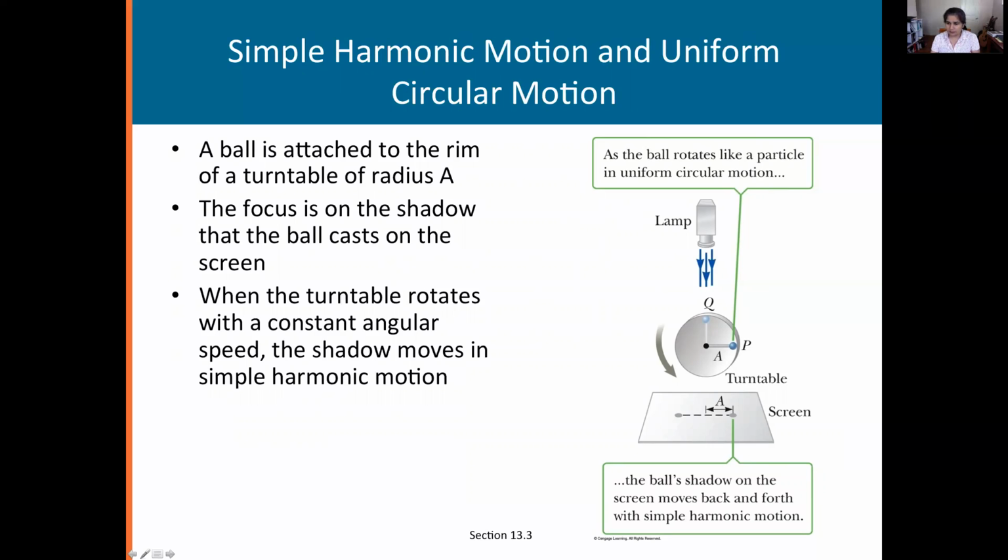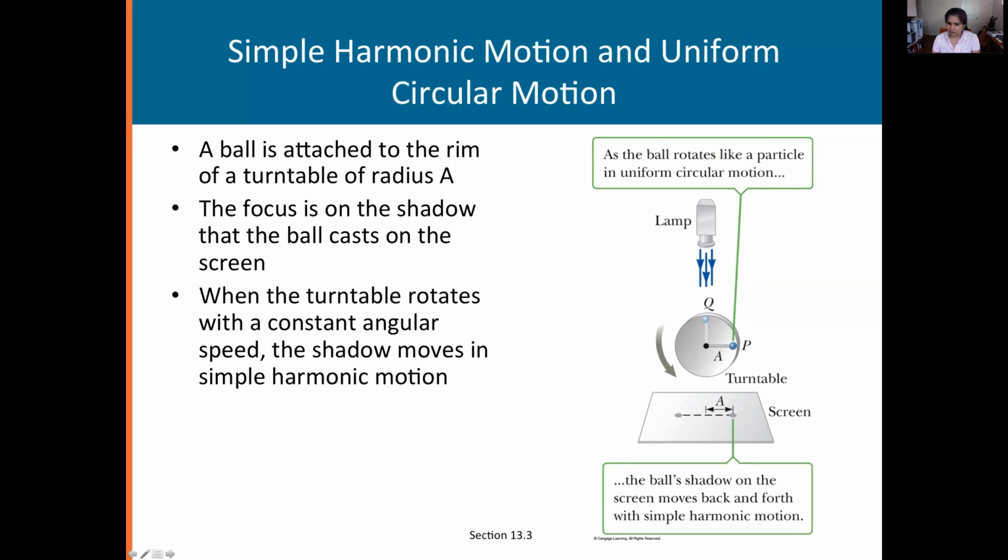So if the dot is at P, its shadow is going to fall directly beneath it at this extreme. As the dot rotates from P to Q, it's going to be in line with the center, and its shadow is going to be right here in the middle of the dashed line. As it travels further to, say, P prime on the opposite side, its shadow is going to fall here in a straight line down to the other extreme.